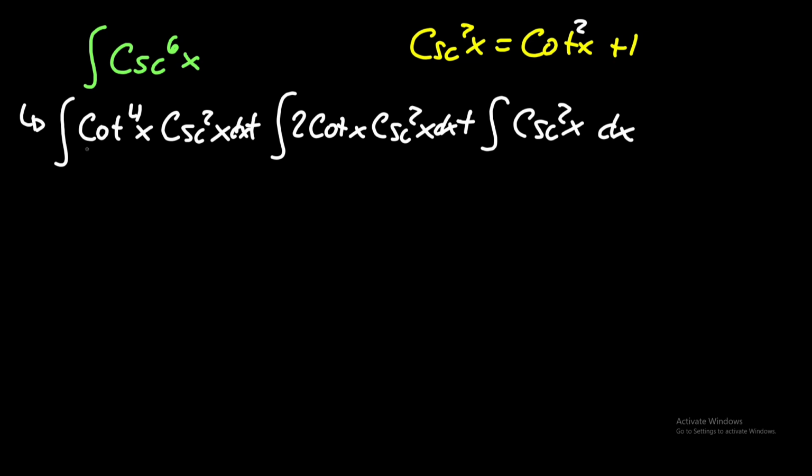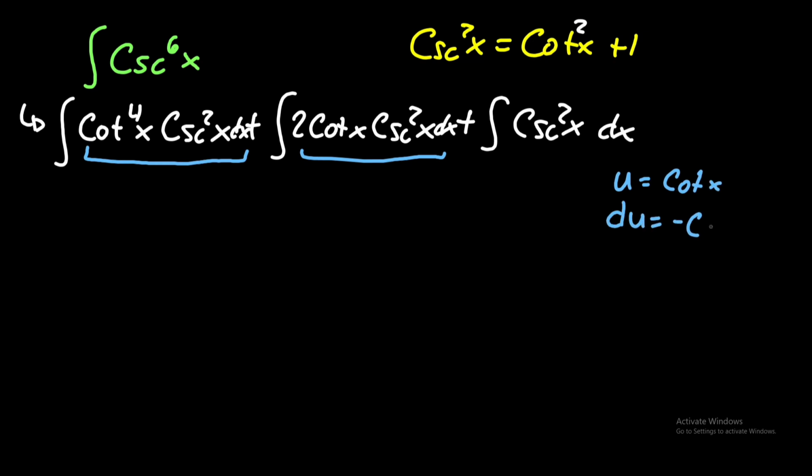And so we can do these first two integrals. For these two integrals, let u be cotangent of x. The derivative of cotangent of x would be negative cosecant squared of x dx.